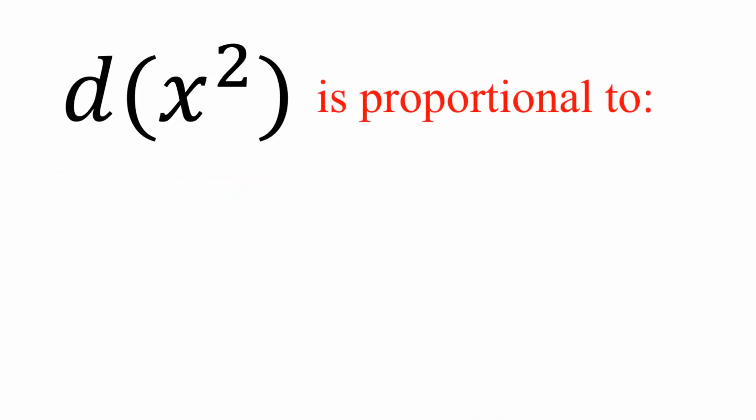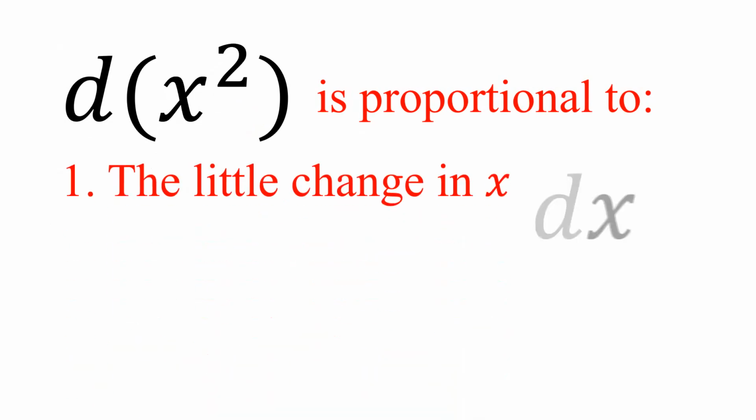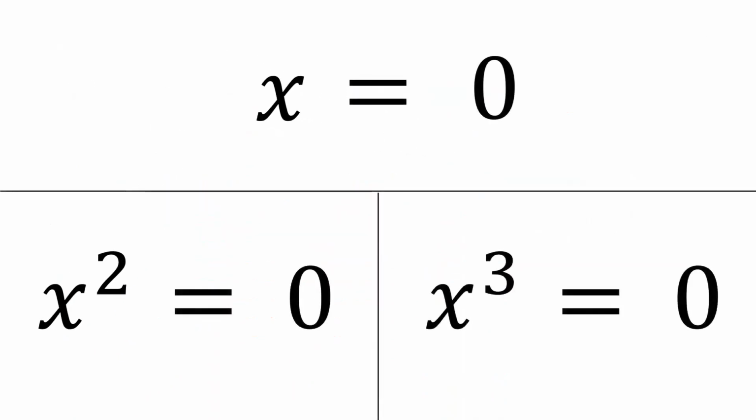And in our question previously, we are being asked if x moves a little, which remember is dx, right? x moves a little means the little change in x. So when we take the differential out of x squared, it is proportional to the little change in x, which is dx. Now, the second factor is, let us compare x squared to x cubed.